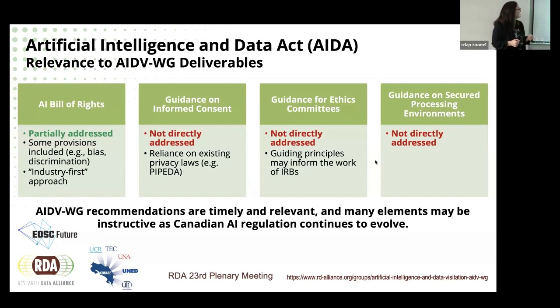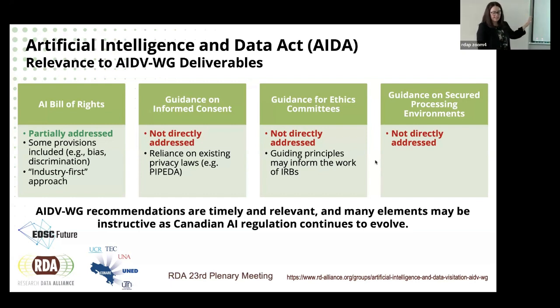In terms of informed consent, this is not directly addressed in the Act. However, they do rely on and make reference to existing privacy laws in Canada. The same applies for the guidance for ethics committees. This is also not addressed in the Act. However, there are a number of guiding principles within AIDA that would be relevant and may inform the work of IRBs in the future.